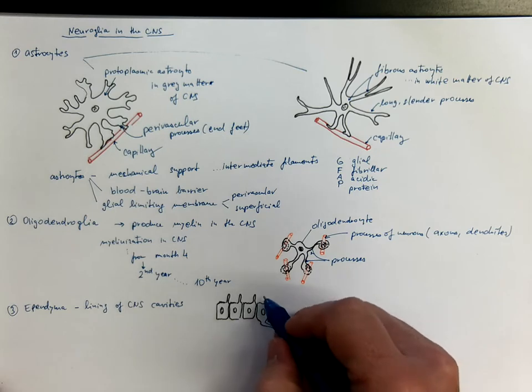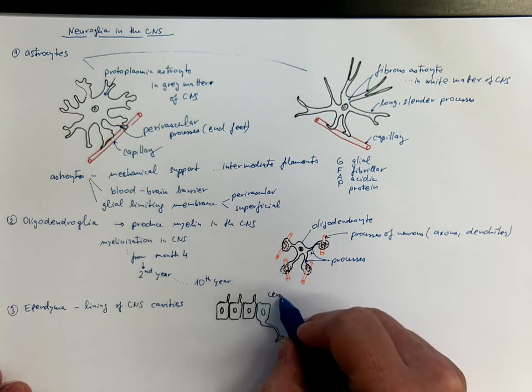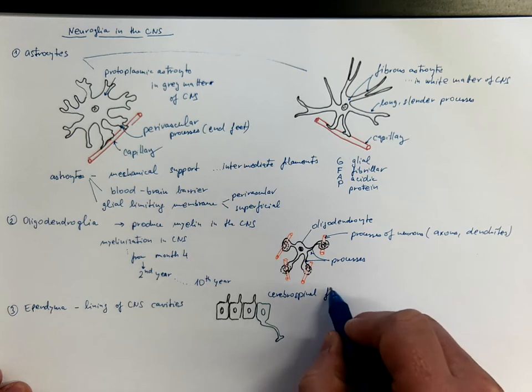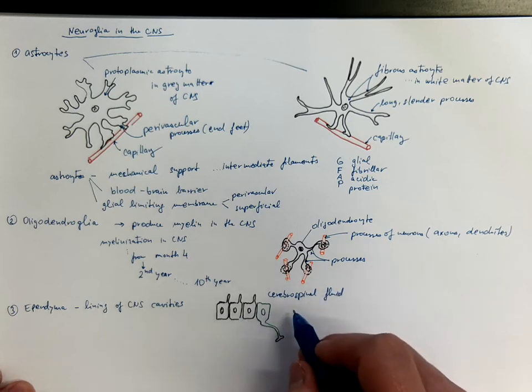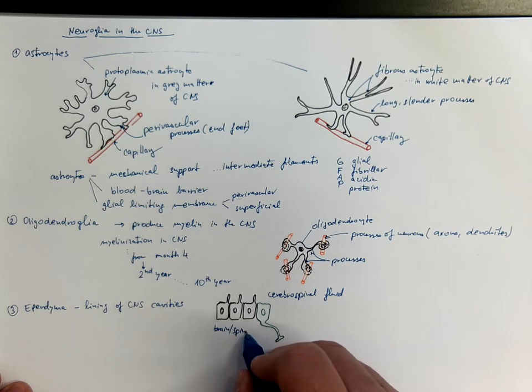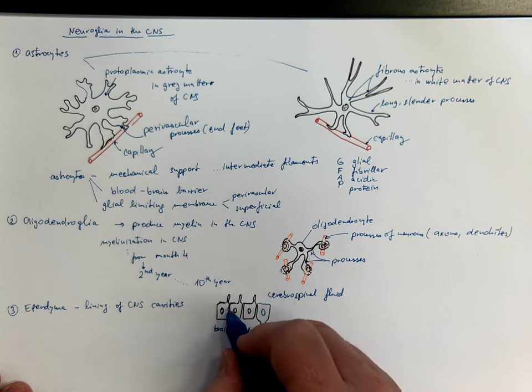So if this is the CNS cavity with cerebrospinal fluid, and this would be the brain or spinal cord, this is one of the barriers between these two.